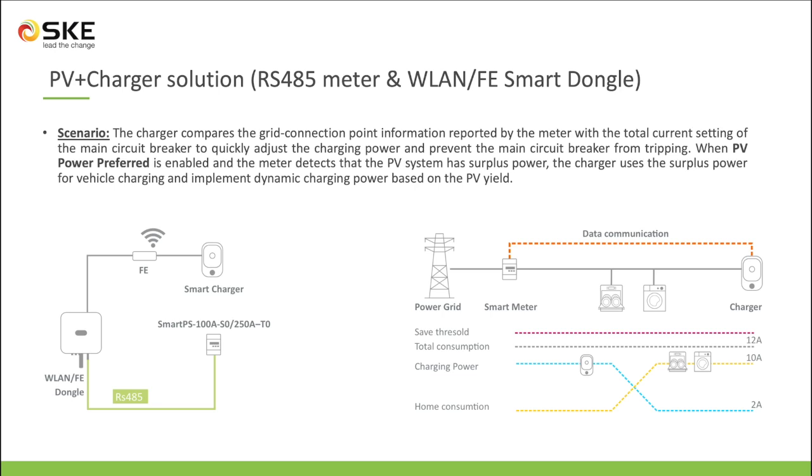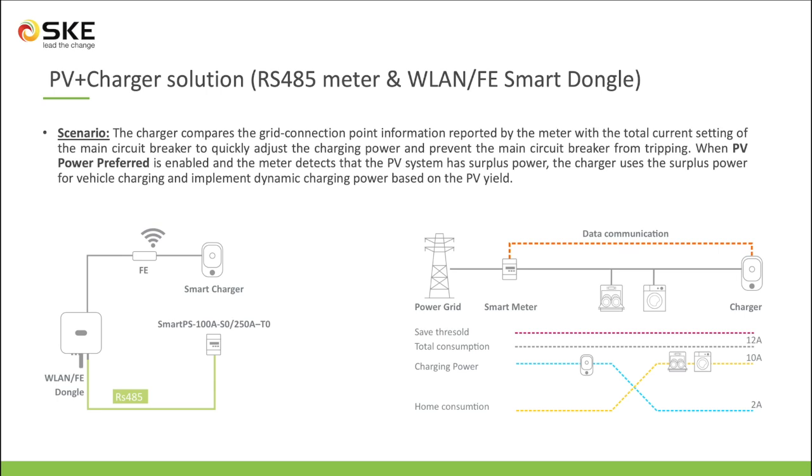Some interesting application, which is new, as house owners are opting to use the surplus energy to charge their own electric vehicles in order to increase their self-consumption rate, is the PV charger solution.